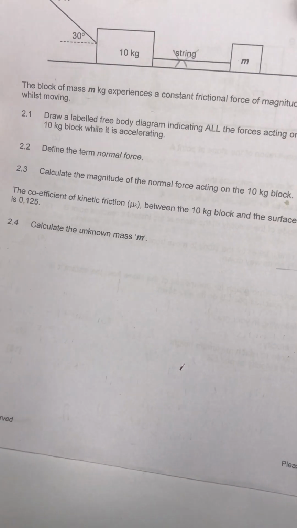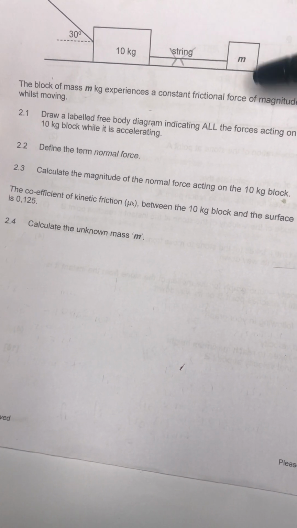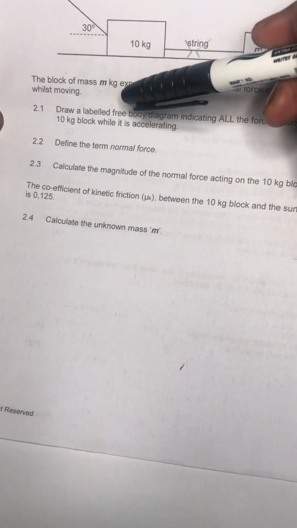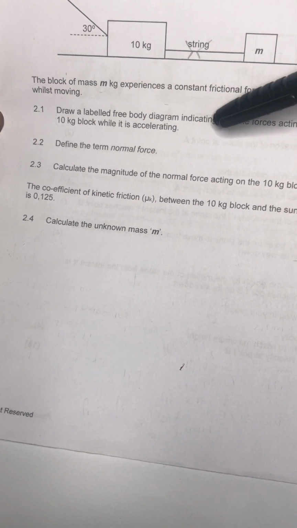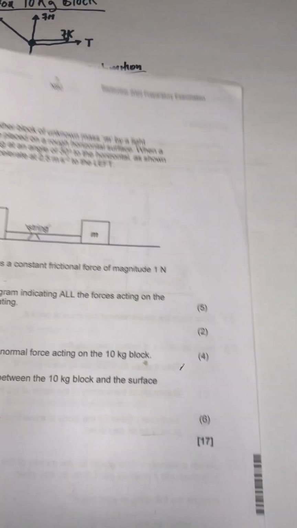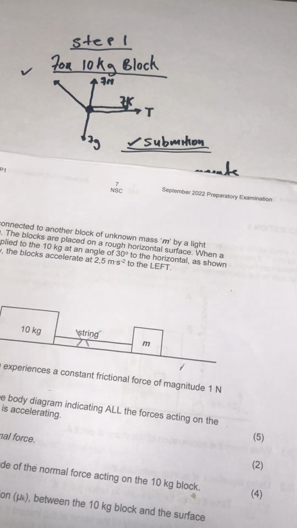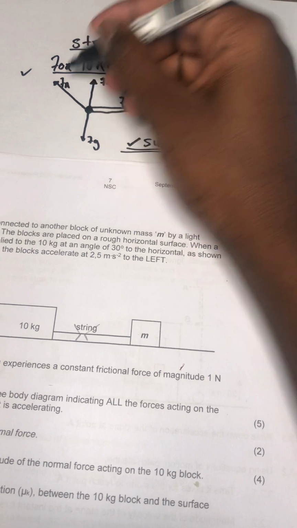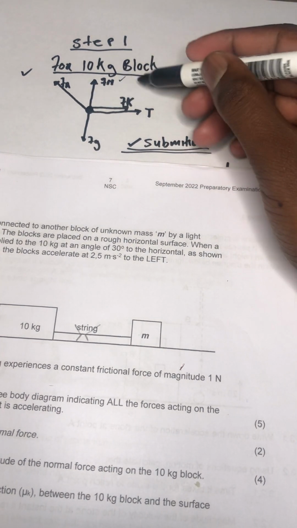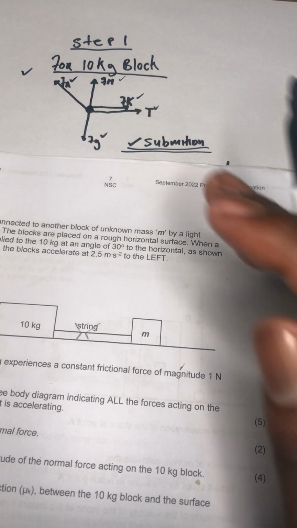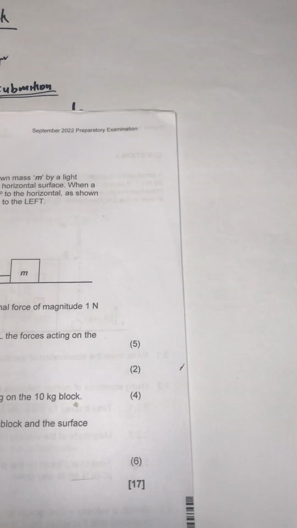Then draw a labeled free body diagram indicating all forces acting on the 10 kg block while accelerating. This is FA. So you have 5 marks: 1, 2, 3, 4, 5.